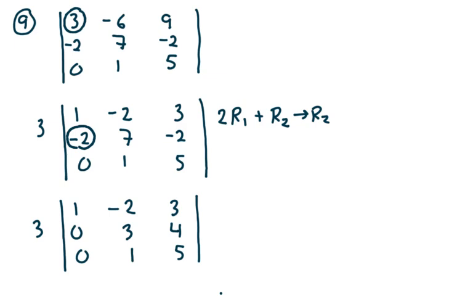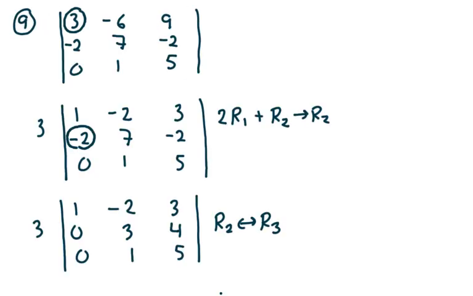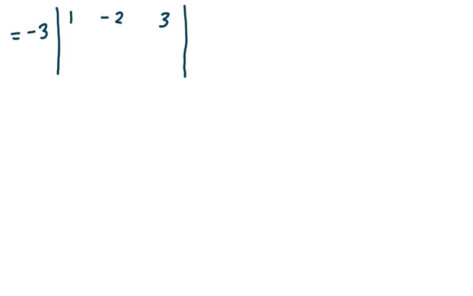Now, from here, I'm going to swap row 2 and row 3. Now, when you swap those, the sign of the determinant changes, okay? So this is going to be a negative 3 times the determinant of 1, negative 2, 3. That's the first row. Then we get 0, 1, 5 for the second row. And then 0, 3, 4 for the third row.